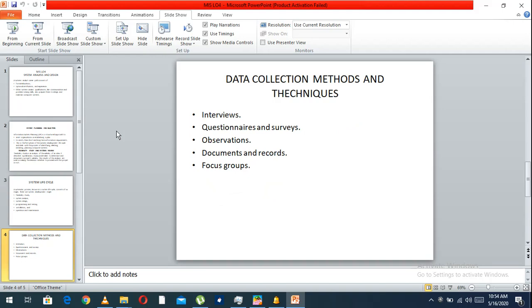Next, we are going to talk about the data collection methods and techniques. We use interviews. We interview the personnel to find out if these systems are actually meeting our needs.